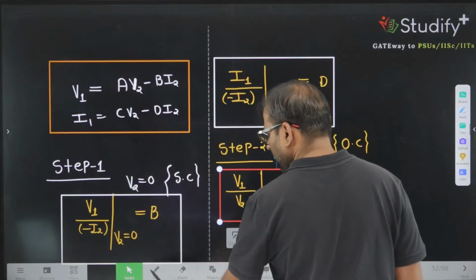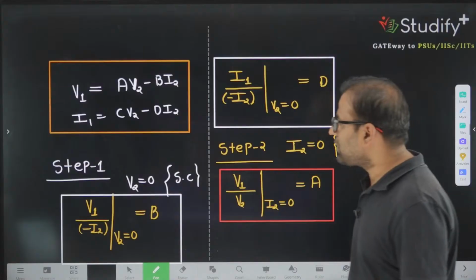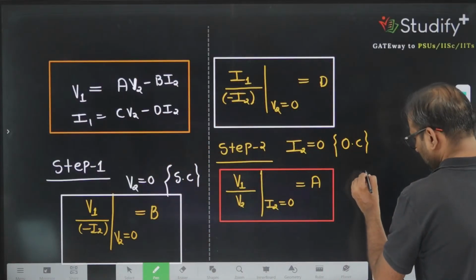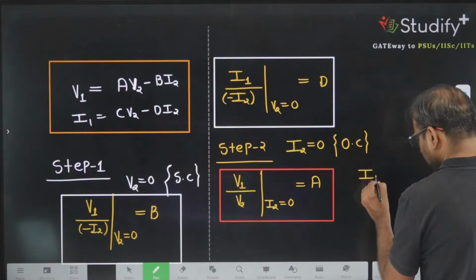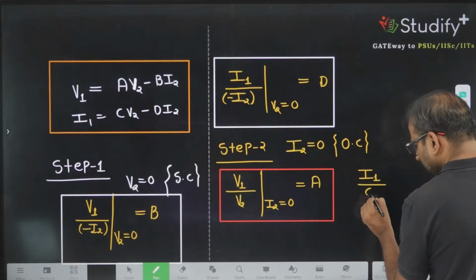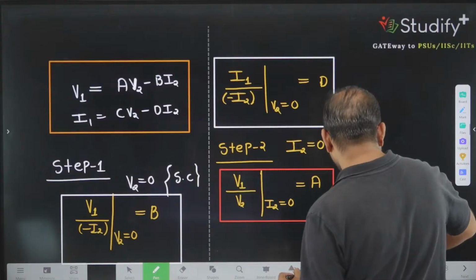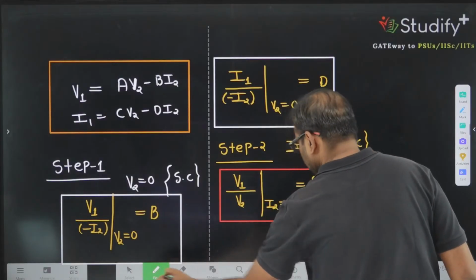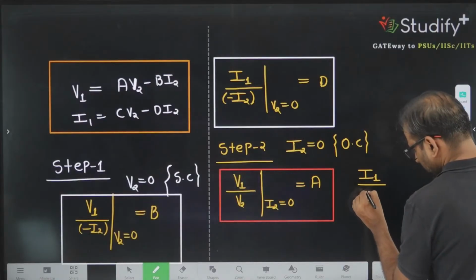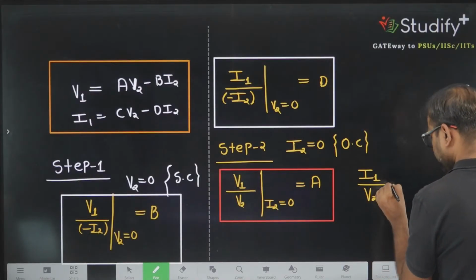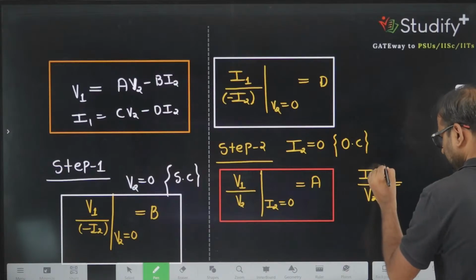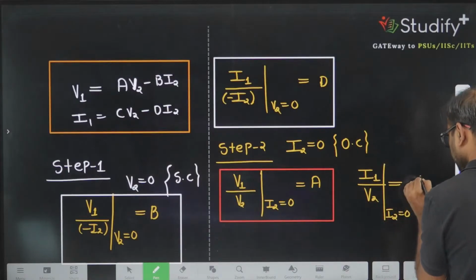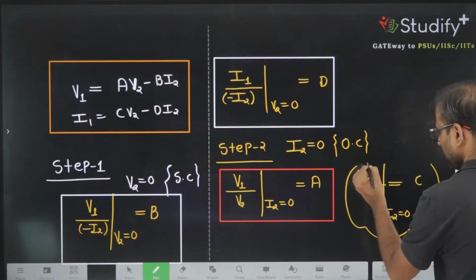One more parameter by making I2 equal to 0: I1 divided by V2 by making I2 equal to 0. This parameter is known as C.